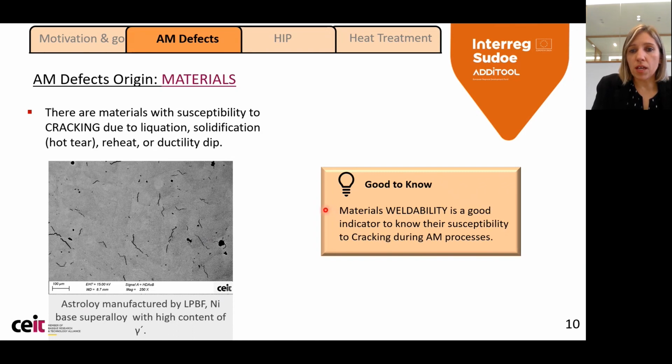It's a good point to know if the material is weldable or not, because this is going to give us an answer as to whether it is going to work well in AM or not. So materials that are not weldable are usually very difficult to process by fusion additive manufacturing.